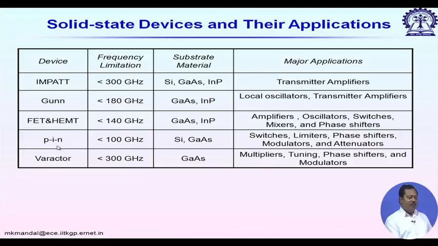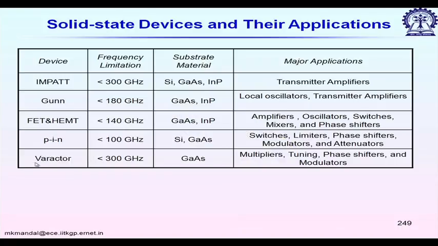Next is the PIN diode, typical frequency below 100 gigahertz, and the materials used for fabrication are silicon and gallium arsenide. PIN diode is mainly popular in switching applications, and at millimeter wave frequencies sometimes they are also used as a variable resistor.